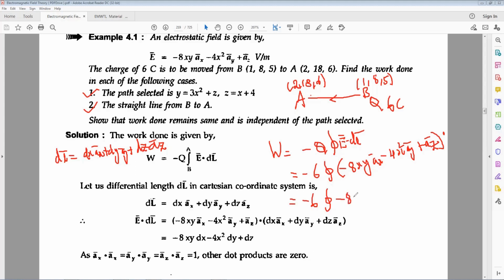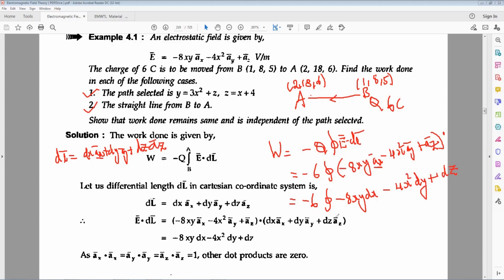So minus 8xy dx, because the ax bar coefficient is dx, minus again 4x square into dy, plus az, only the 1 is there, and here the dz.